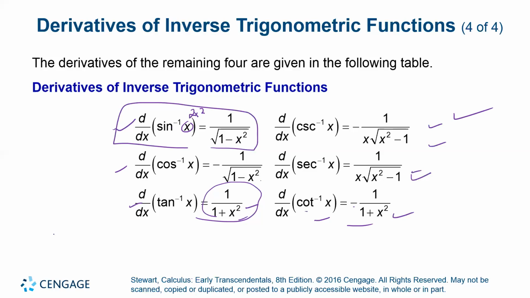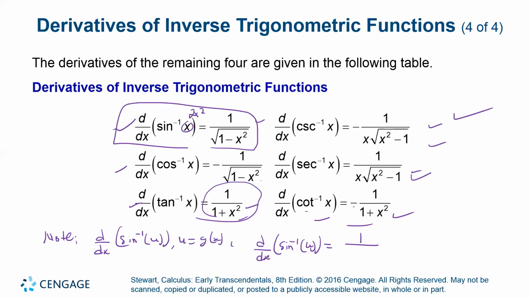So I want to note this. Now, generally, if I have the arc sine of, say, u, where u is a function of x, that means not just x, then this derivative, d/dx of arc sine of u, I'll use the same formula, is 1 over the square root of 1 minus u squared.